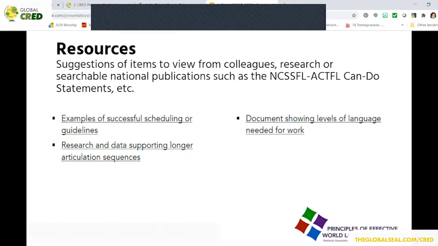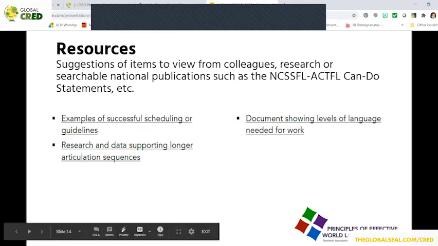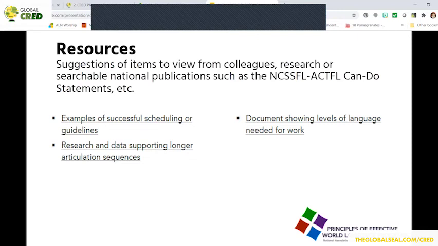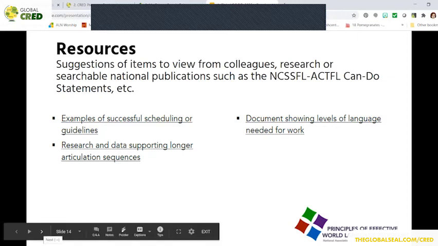And so the suggested resources to look at would be examples of successful scheduling or guidelines for scheduling, or research and data supporting longer articulated sequences of language, or documents showing levels of language needed for certain types of jobs, and so on. So that's included in our principles document as far as suggestions.